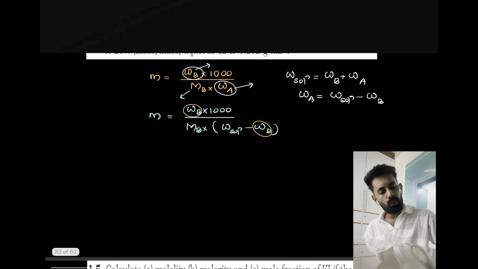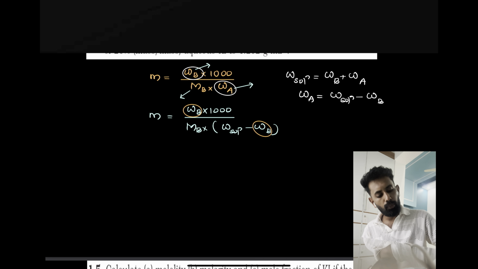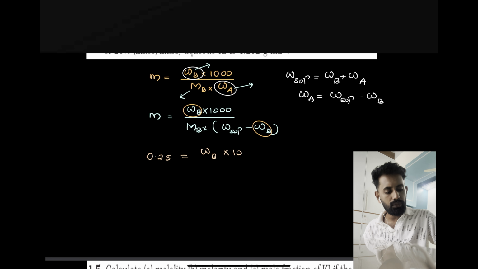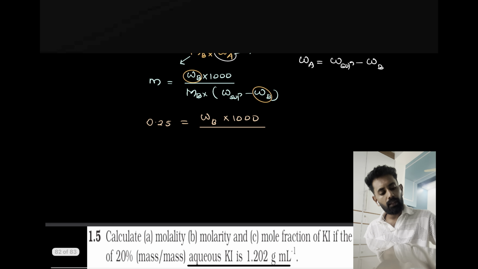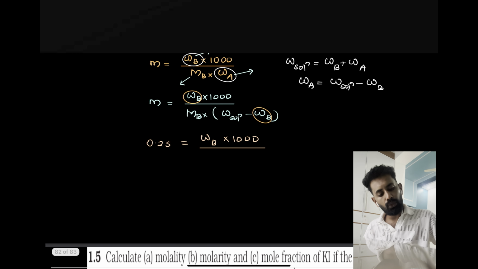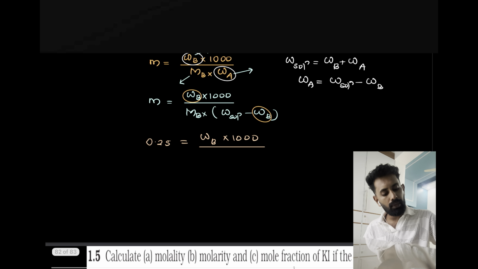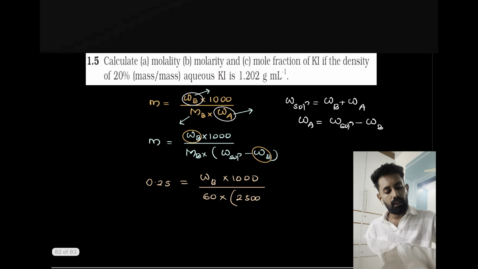Okay, so now let's substitute the values given. The molality is 0.25, and the mass of solute we don't know, into 1000, divided by the molecular mass of solute. Here the solute is urea, so the molecular mass will be 60 only, and the mass of solution is 2500 gram.